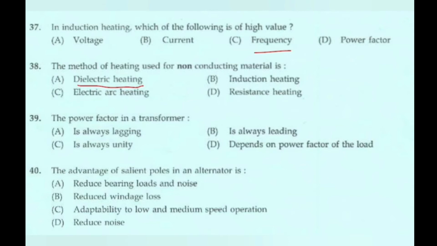Question number 39. The power factor in a transformer. Answer is option B, depends on power factor of the load.